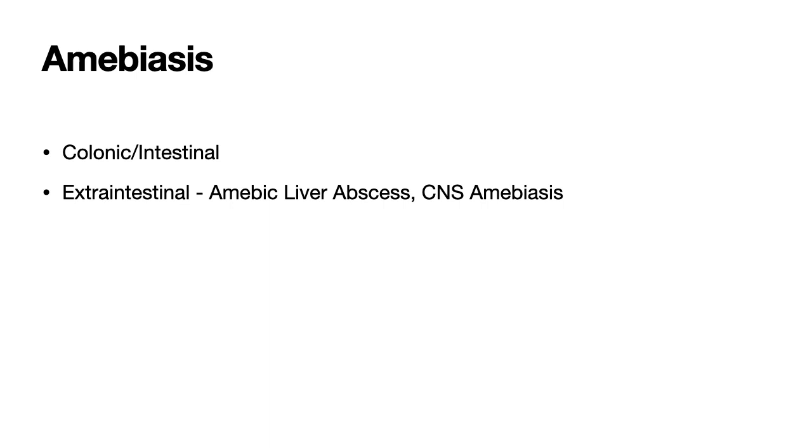So these abscesses may be found in the liver, and this is what we call an amoebic liver abscess, or it may be found anywhere in the body, in the lungs and in the brain. So in the brain, it is already very deadly.